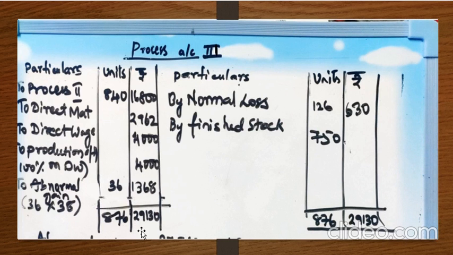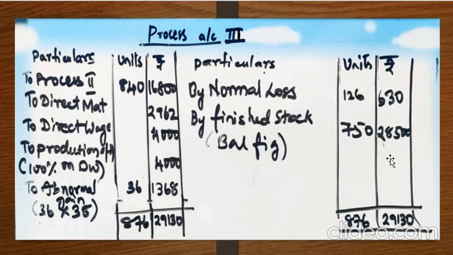You will be getting 29,130. So 29,130 minus 630 will be the difference for your finished stock. As this is the last process in your problem, you will be transferring the stock to your finished stock. So 29,130 minus 630, you will be getting 28,500. So this will be your balancing figure.